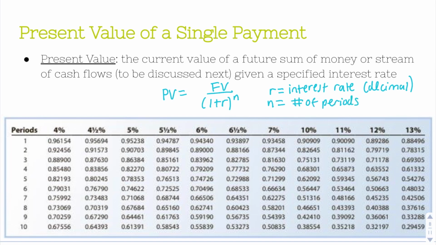So you can either use this formula or you can use below, which is a table of discount factors. And I'm going to show you an example on how you would use both of these down below.